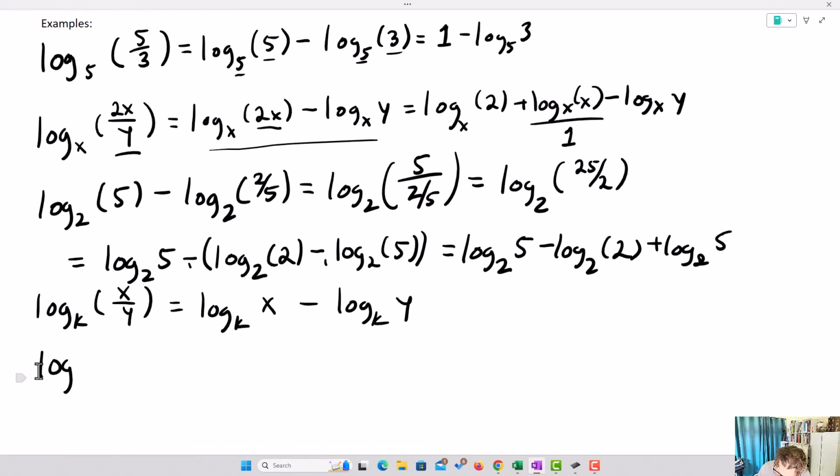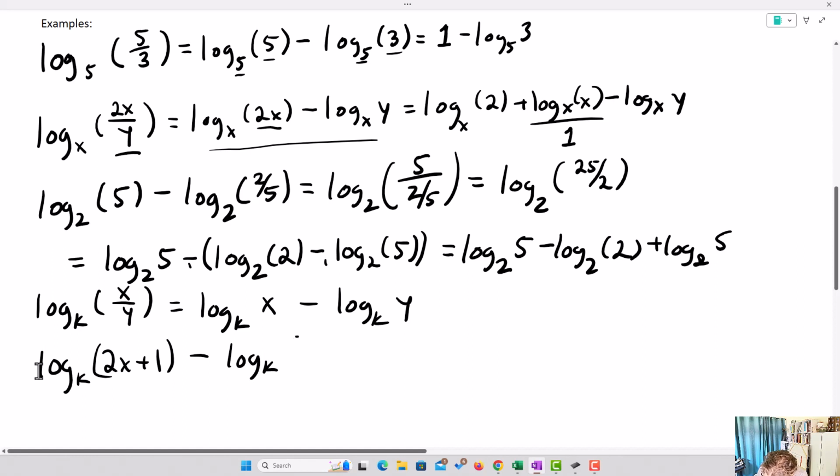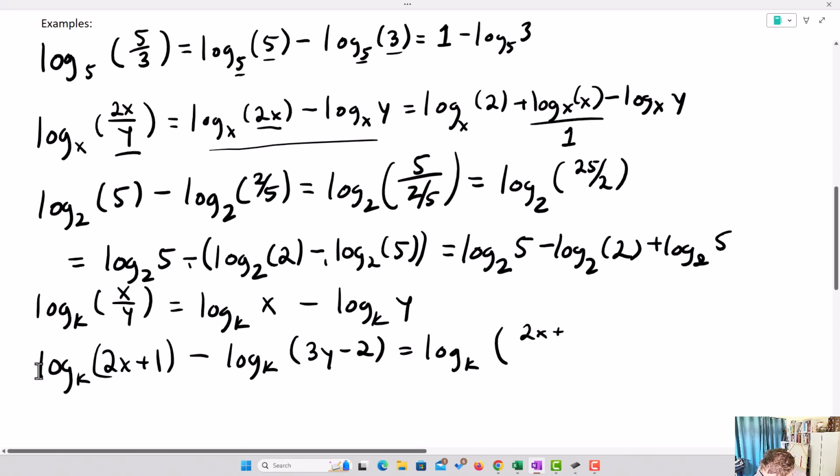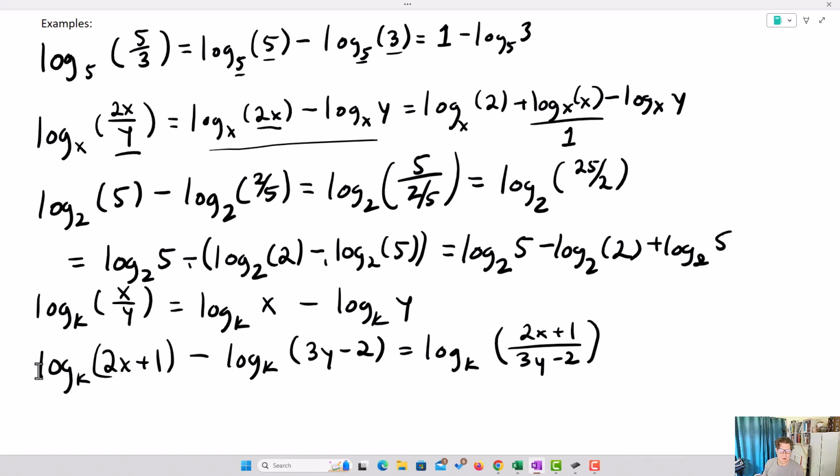We'll take log base k of 2x plus 1 minus log base k of 3y minus 2. And what we get is log base k of the numerator, 2x plus 1, over the denominator, 3y minus 2. And there is our subtraction property.